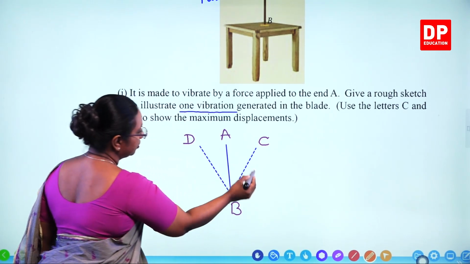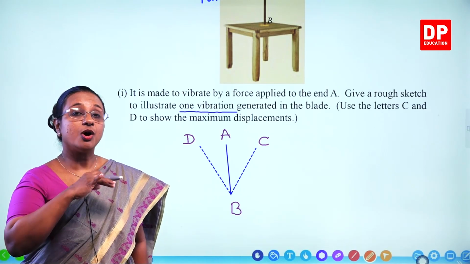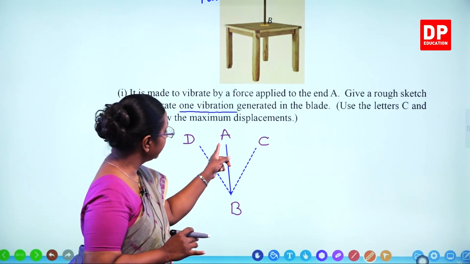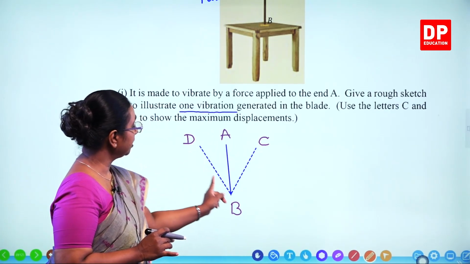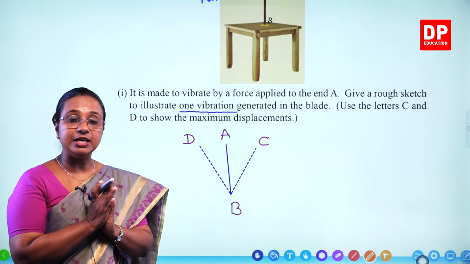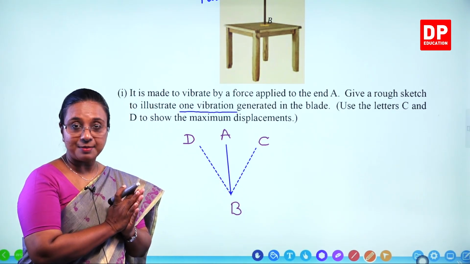And these two, the displacements or the distances between A to C and A to D, or these angles have to be equal when it really happens.